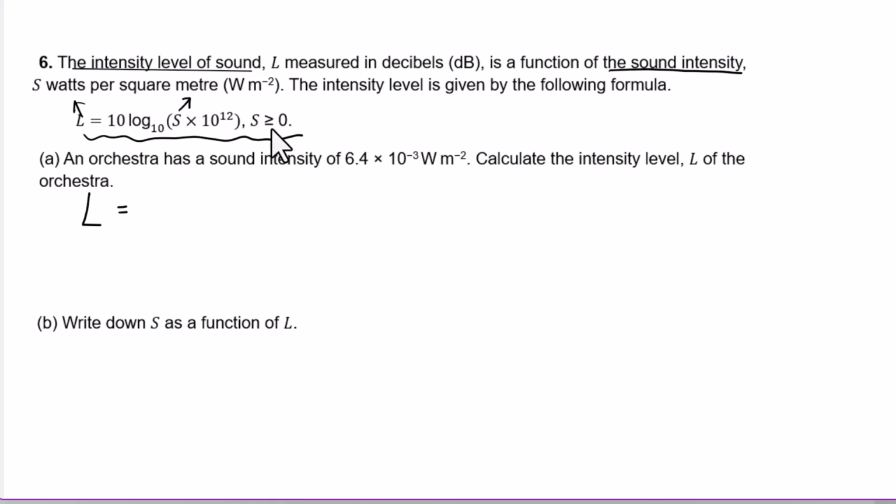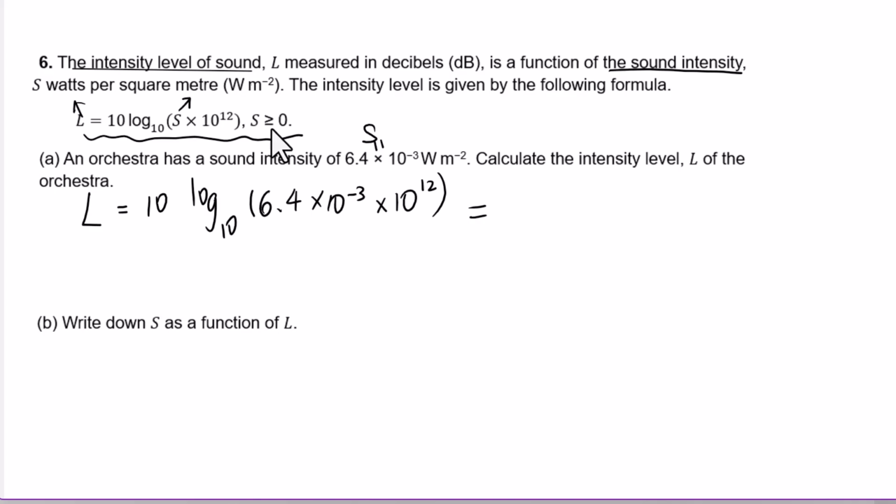L equals 10 log base 10 of S times 10 to the 12th power, where S is the sound intensity. So we plug in 6.4 times 10 to the negative third power times 10 to the 12th power.